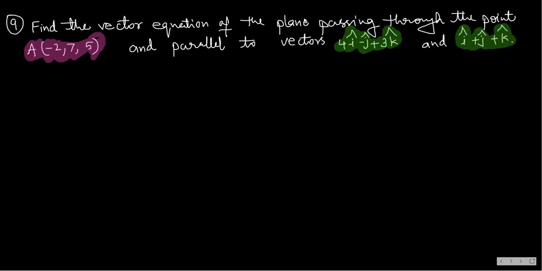So I am given one point on the plane and two vectors parallel to the plane. Very simple.